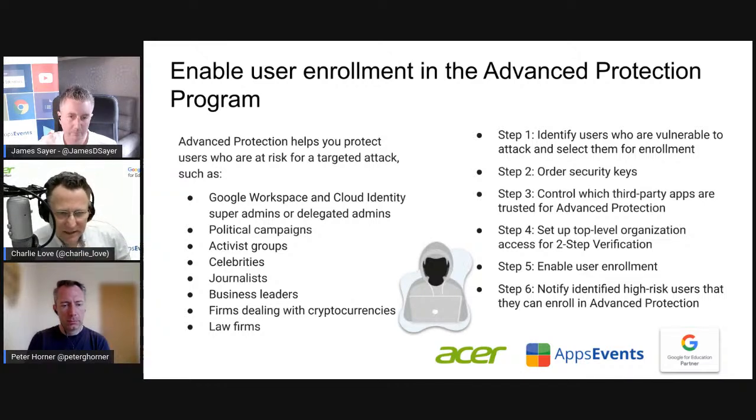It gives you that maximum level of control and security for those particular accounts that are enrolled. There is a clear workflow, and you can find out more information in the Google support pages, that your organization and then the users can go through to enroll in that program.